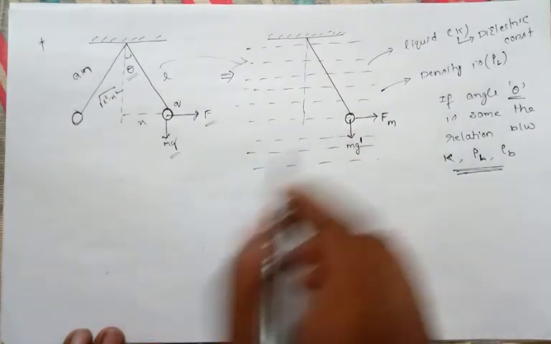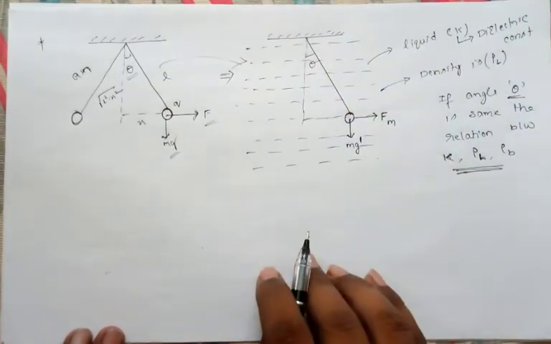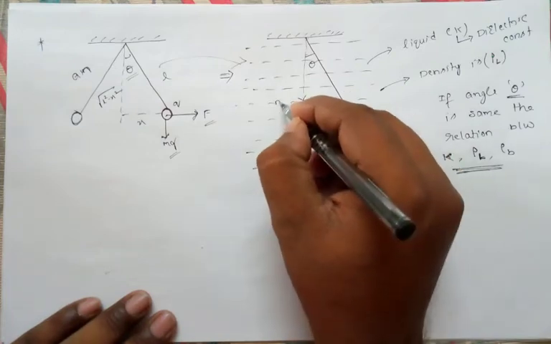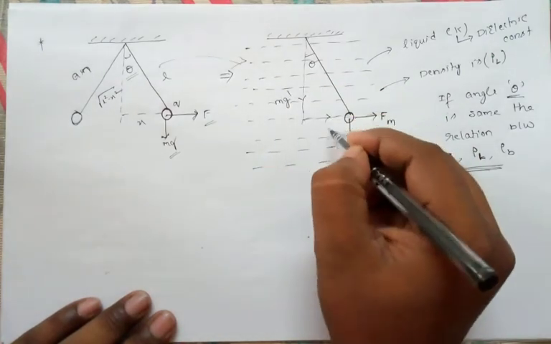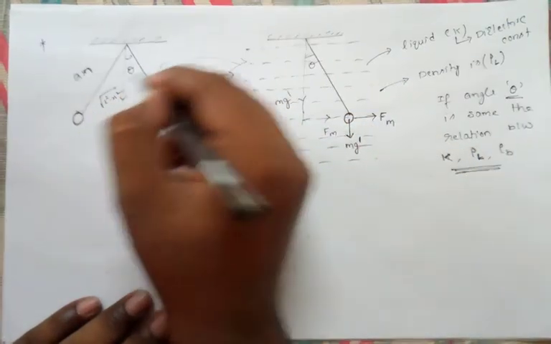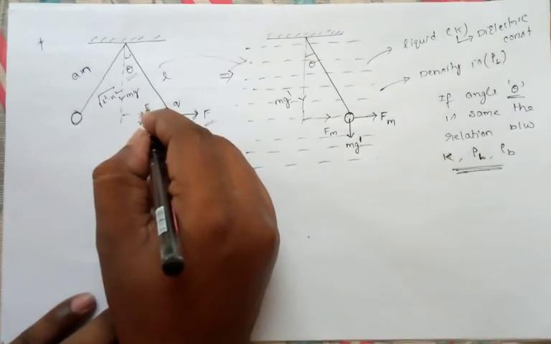So this is the weight in the liquid, but what remains the same? Theta should remain the same. So this is the weight mg, this is the weight mg dash, and this is F in medium. Here the weight in air is mg, and F is the force in vacuum.